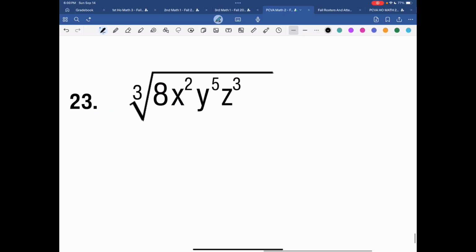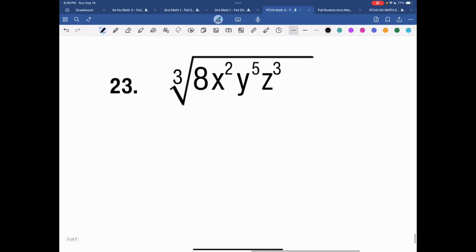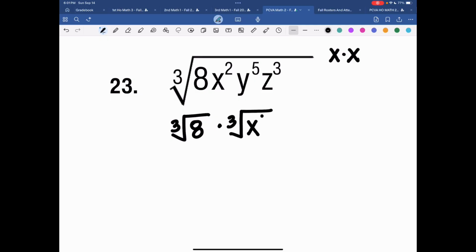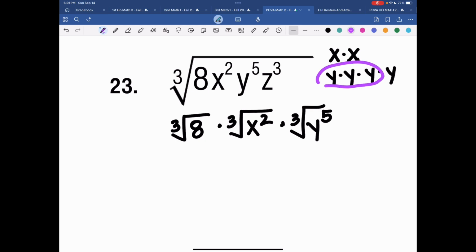All right, and then cube root again. So we know that 8 is a perfect cube, so I don't even have to adjust there. So 2. For the x's, I should be able to say, okay, there's no way I can get a group of 3 x's out. There's no way to do that. So that's going to be left. Then we have the cube root of y to the 5th. Technically I can take one group of 3 y's out and reduce that.